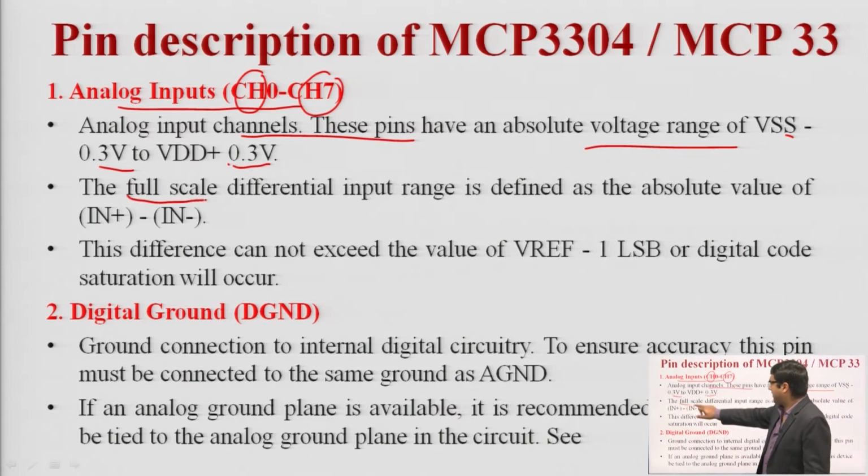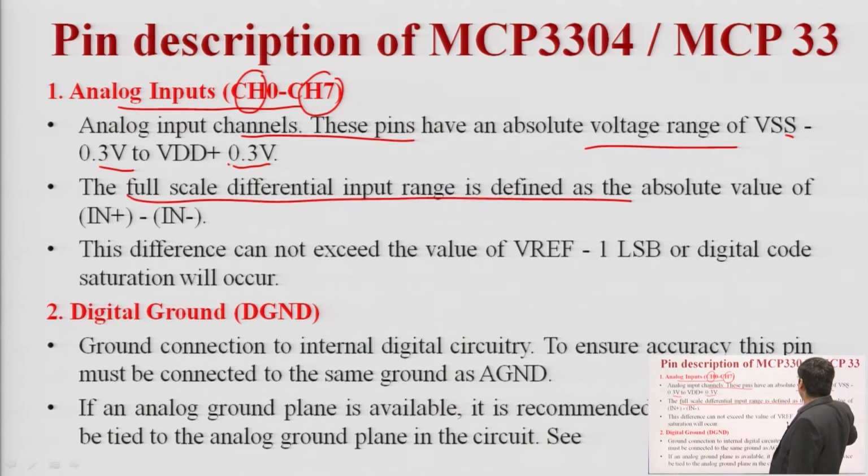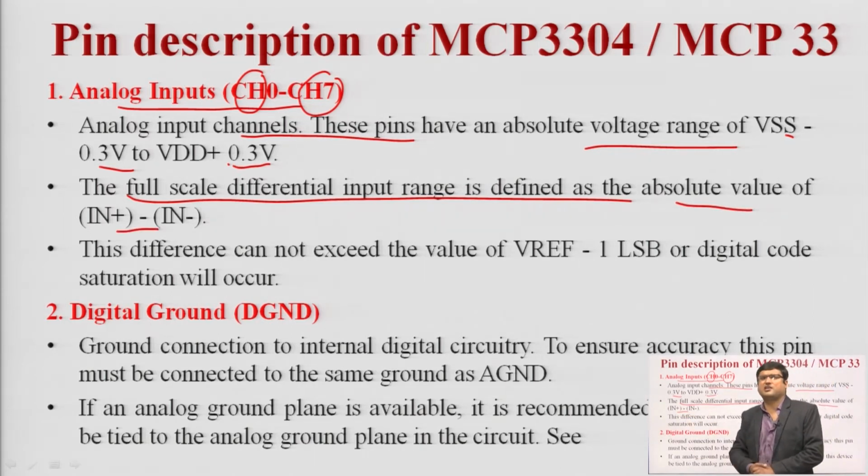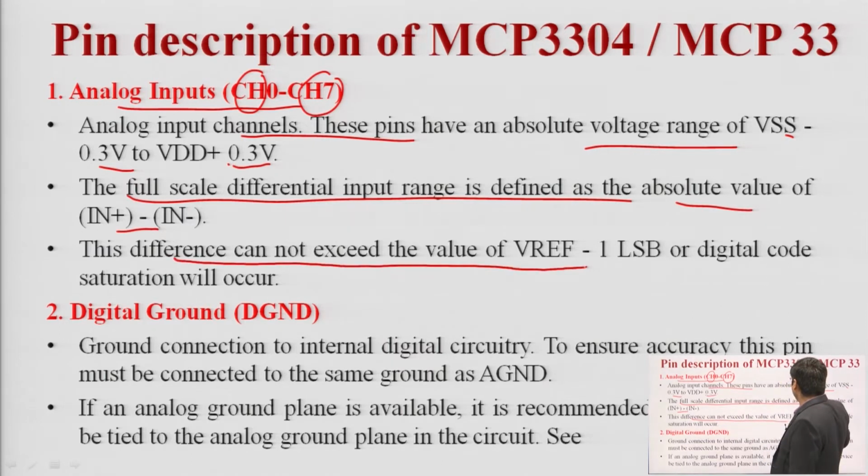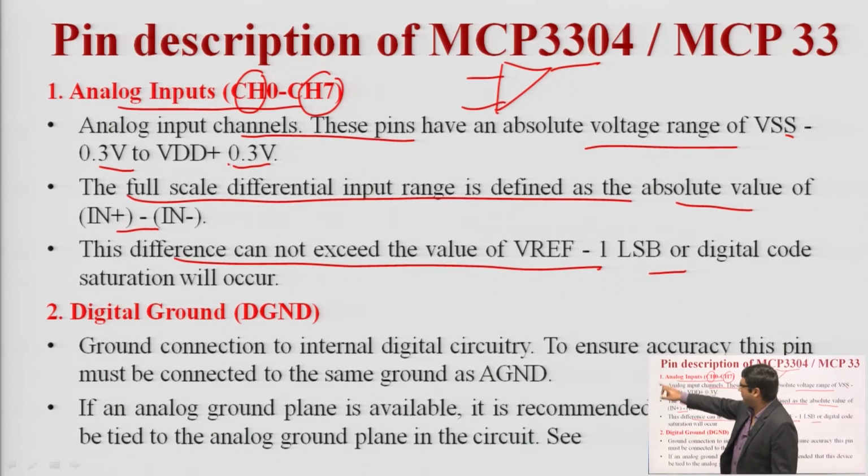After that, it has a full-scale differential input range, defined as the absolute voltage range from IN plus to IN minus. This difference cannot exceed the value of V reference minus 1 LSB digital code. So, we have seen that analog inputs are available on the input pins.